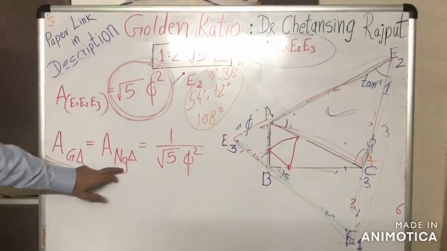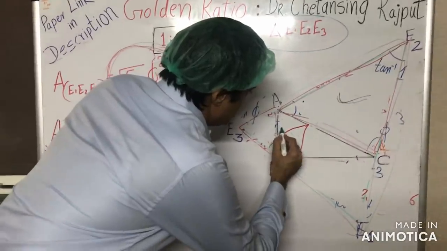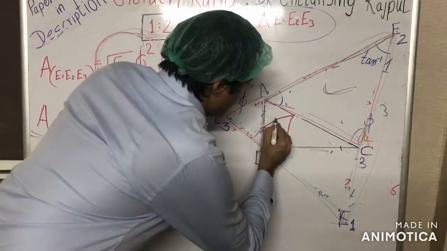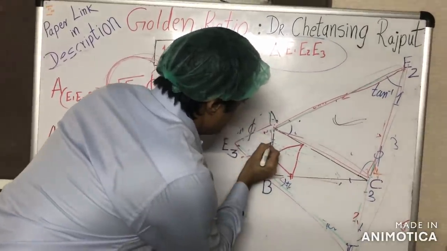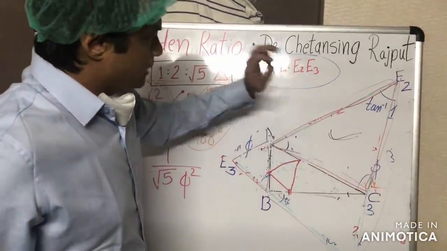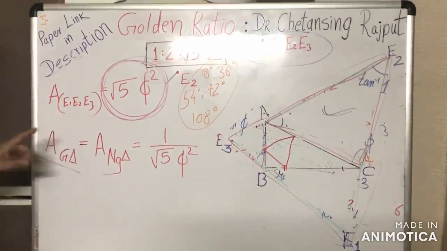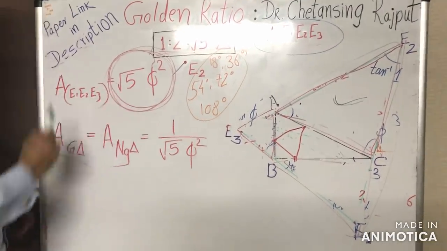It is also equal to the area of the Nagel triangle. The Nagel triangle means where the three excircles touch the triangle sides like this. These three ex-touch points, the three points where the three excircles touch the reference triangle sides, form the Nagel triangle. The area of the Nagel triangle is equal to the area of the Gergonne triangle, which is the inverse of the area of the excentral triangle.